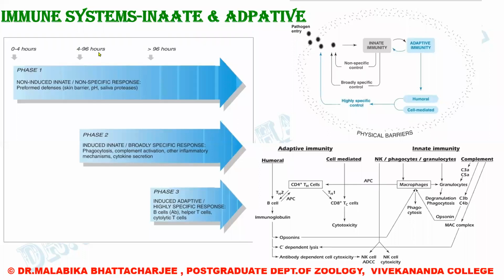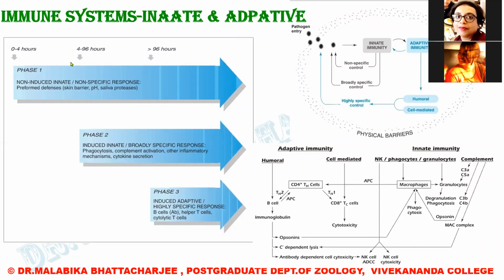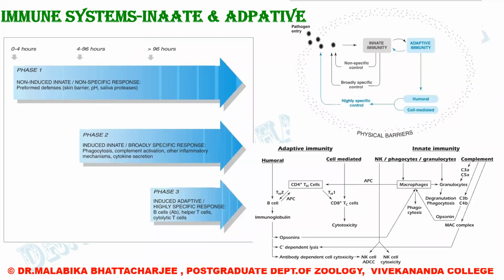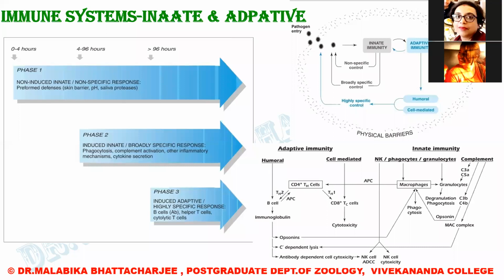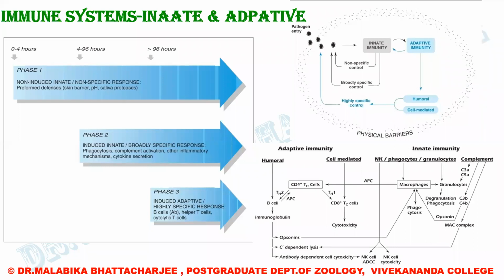Now it is during phase 2, that is 4 to 96 hours, that the innate immune system cells first begin the active fight against the infection by employing mechanisms such as inflammation, phagocytosis, and complement activation. When these mechanisms are roped in, they induce broadly specific defenses that kill pathogens and recruit other immunocompetent cells to the site of the damage.